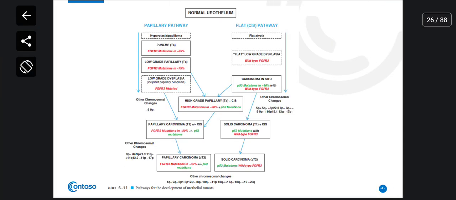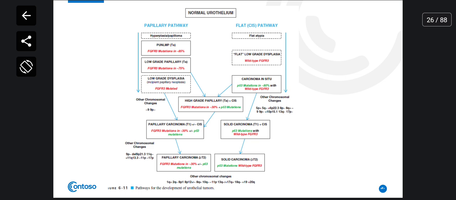We have two pathways of urothelial carcinomas: the papillary pathway and the flat or CIS pathway. So we have flat atypia, then flat low-grade dysplasia, and then carcinoma in situ.